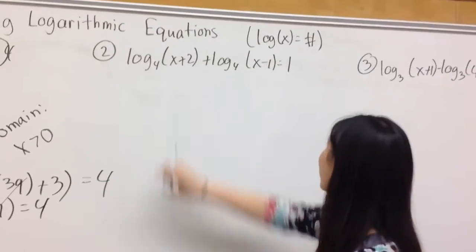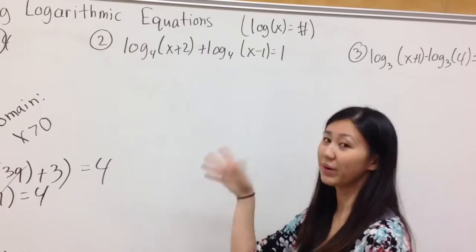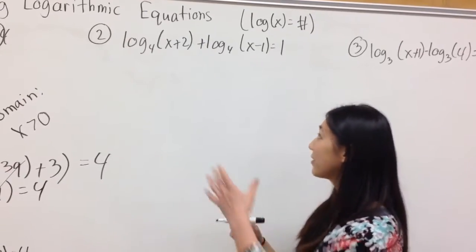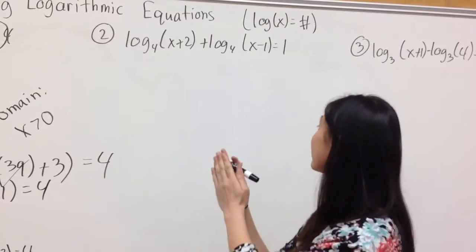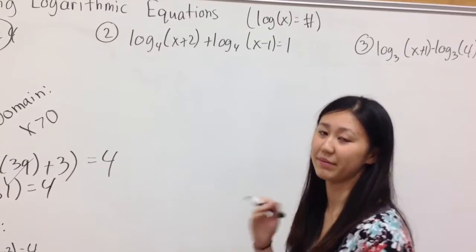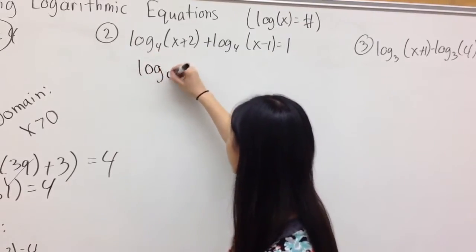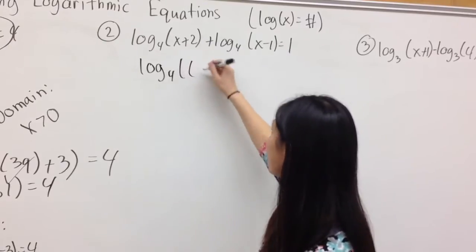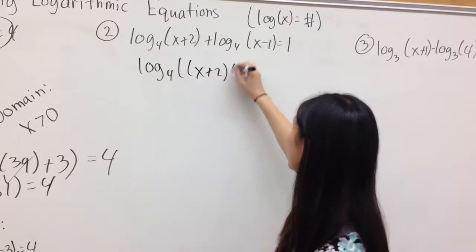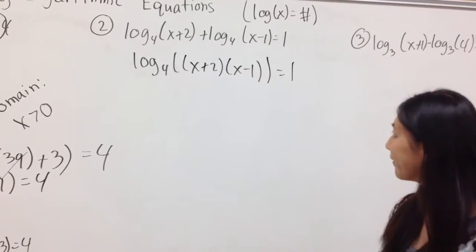Here we are. Once again, we have 2 logs in this side, so we can't quite do it the same way. We need just 1 log, which means we need to condense here. So we're going to condense here first, and then we're going to do the problem the same way we did before. So we condense this. Remember, we have addition, so that means we're going to multiply the 2 inside parts together. So that's x plus 2 times x minus 1 all on the inside, still equal to 1.